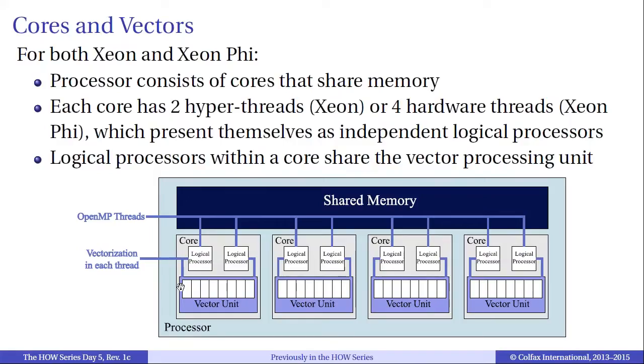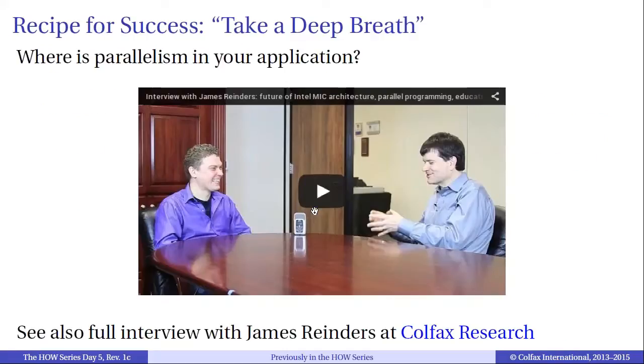These threads will share the vector unit, and they will share some objects in the shared memory with other processors, and your job as a programmer is to make sure that you have enough parallelism, that you don't have data races that cause unpredictable behavior, and that you access memory in a favorable pattern.